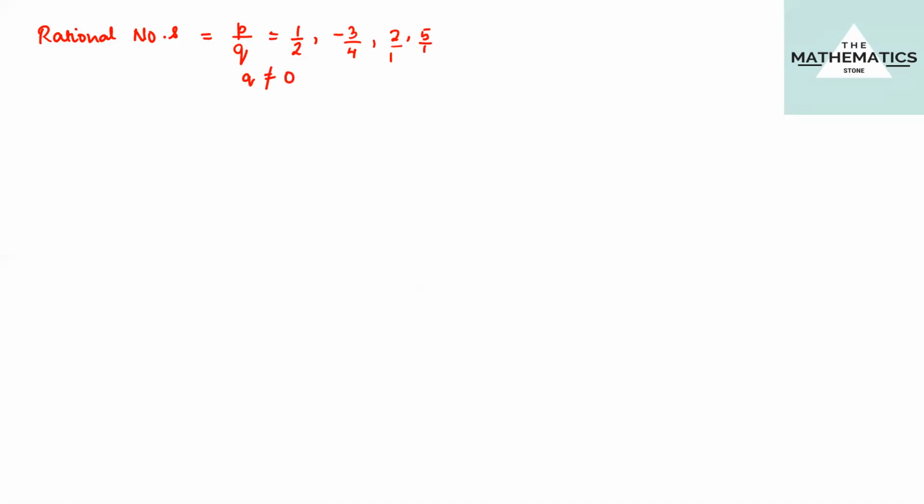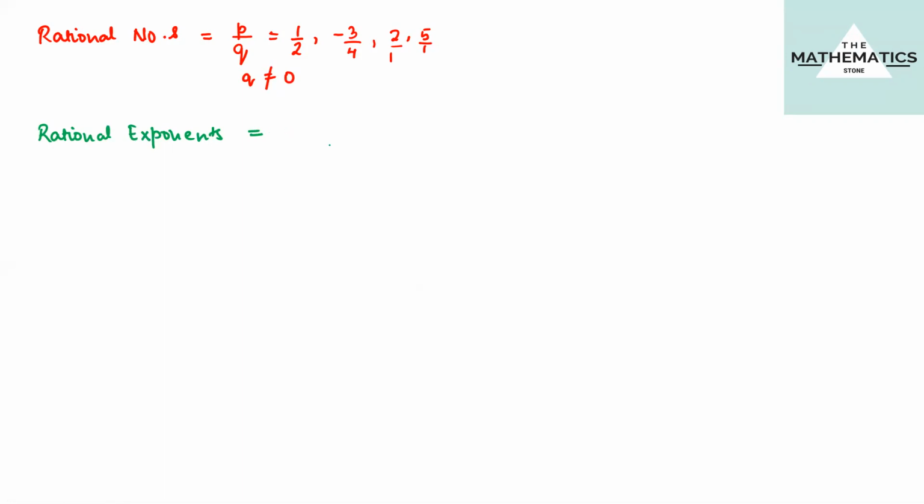Okay. Now, if I talk about rational exponents, what are rational exponents? Well, these are nothing but exponents, but now they are in the form of rational numbers. That means you can have fractional exponents as well.